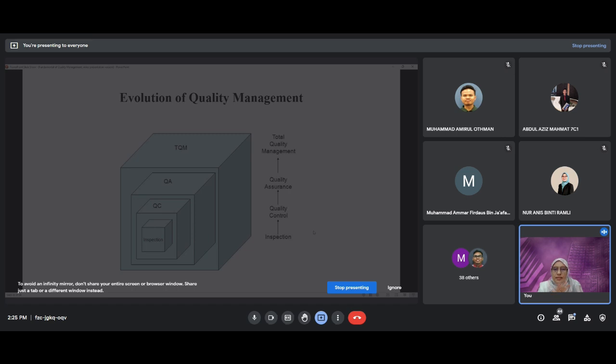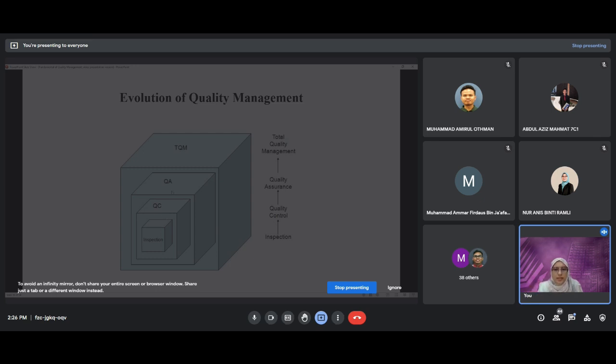Okay, this is just to summarize the evolution of quality management. You can see that the first process is inspection of the production to look for defects. And then quality control takes over the inspection process. After that, quality assurance, where the process requires improvement.